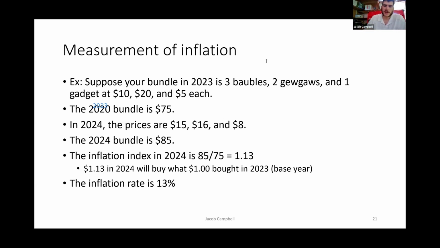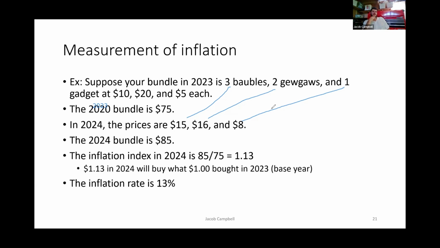And so if we take the same amounts, 3 baubles at 15, 2 at 16, and 1 at 8, then 15 times 3 plus 16 times 2 plus 8 comes out to 85. And then if you divide 85 by 75, you get 1.13. The inflation index for 2024 is 1.13.